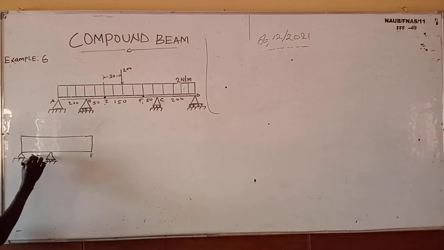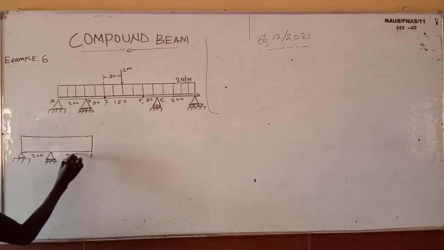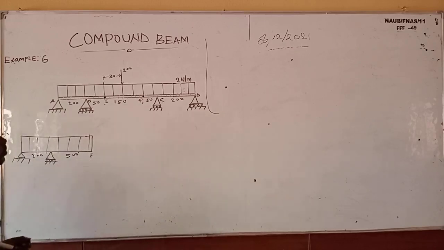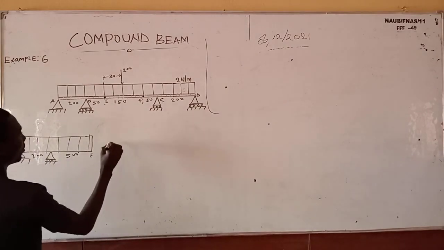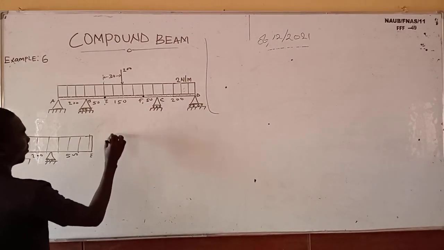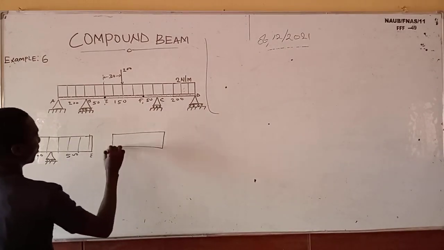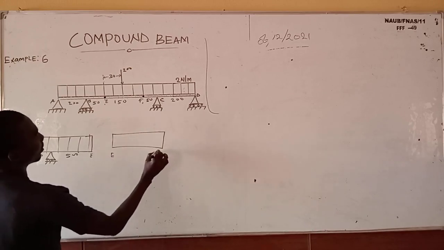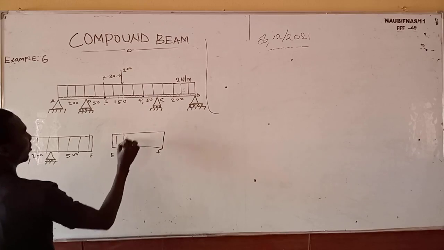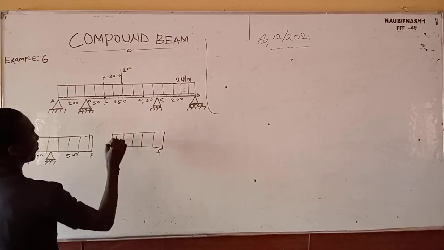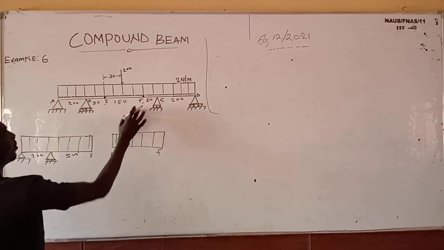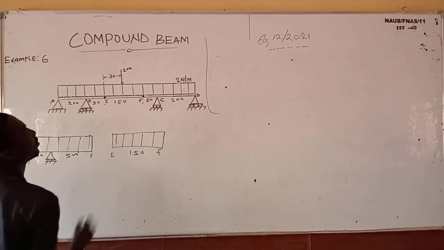So this one is 200, this one is 50. So we have our uniformly distributed load in this manner. So this one is going to be in this form. So we have our E here, we have our point F here. You see that? So the distance is 150.